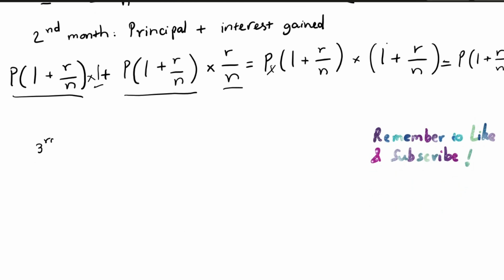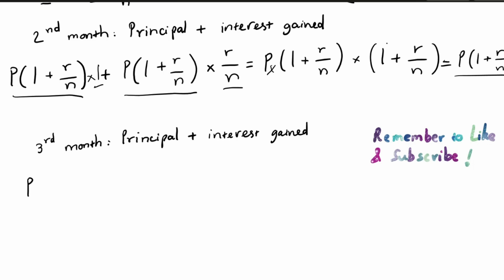For the third month, as I've said before, the rules do not change. It is still just principal added with some interest that you have gained. And whatever you were left with in the previous month would be what you start with for the next month. So this time we start with P and then times, in bracket, 1 plus R over N to the power of 2.